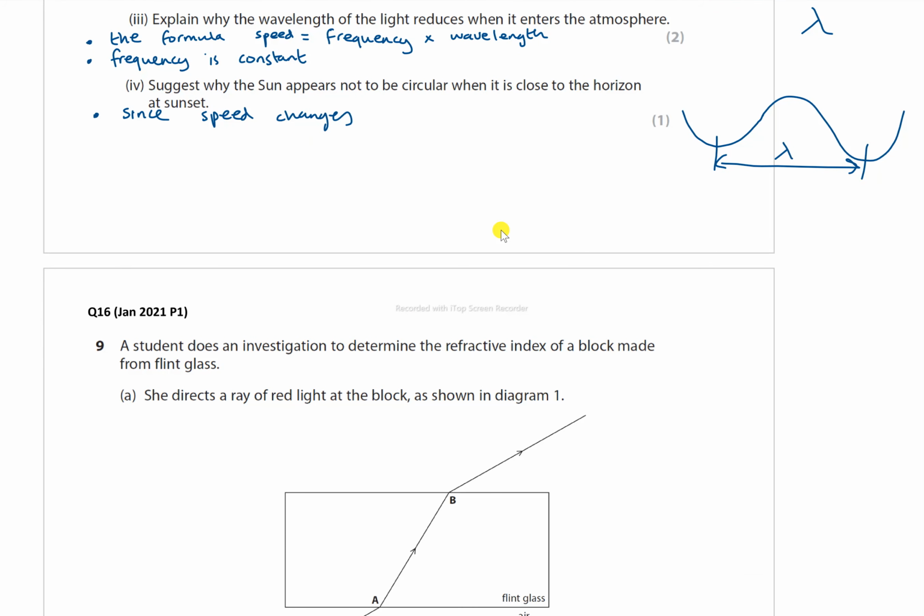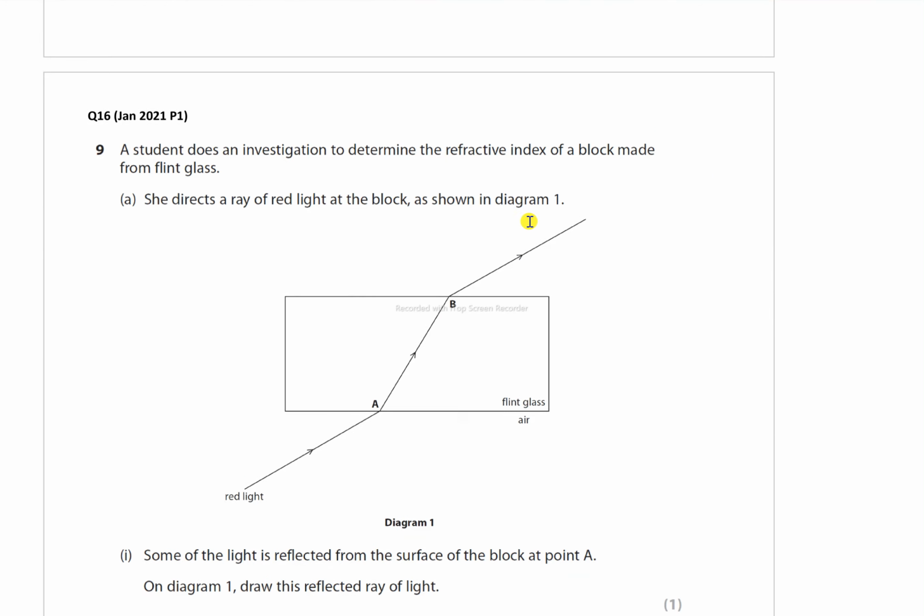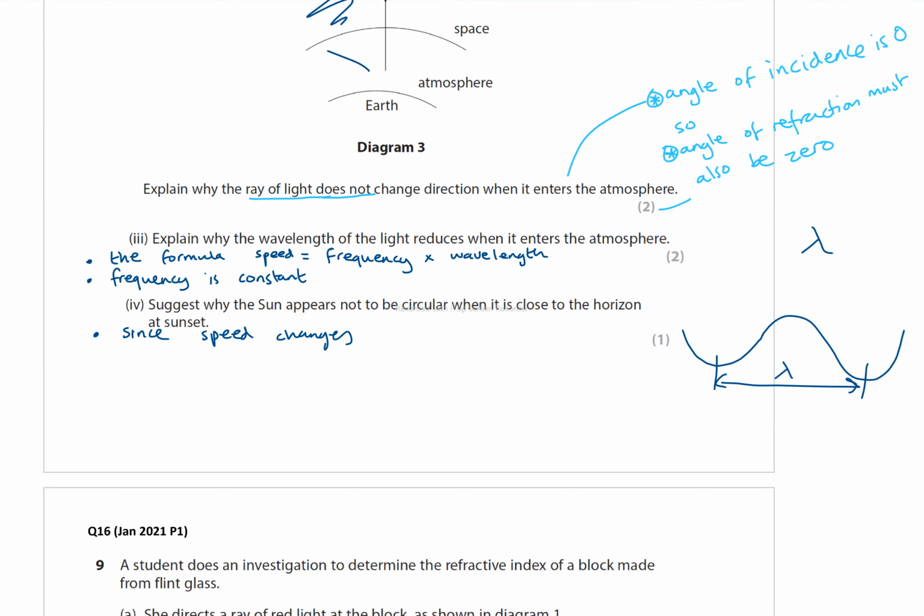Since speed changes, remember we said speed is f lambda.